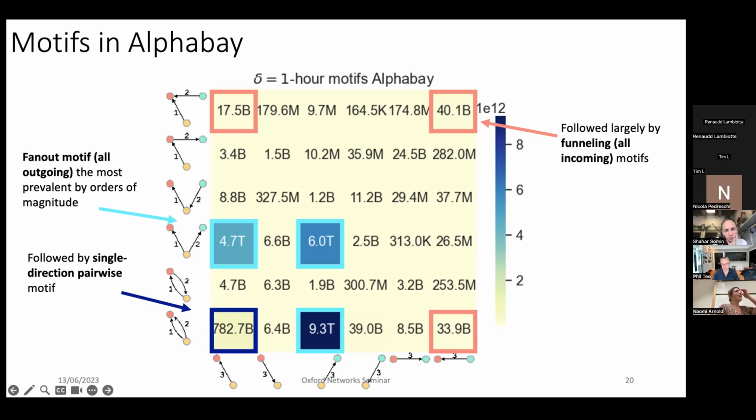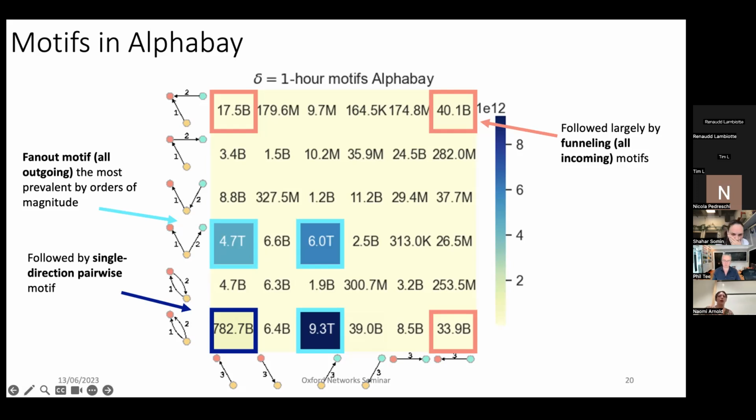So maybe a window of that size is just not big enough to capture some of those triangle interactions. Yeah. The window's rolling, right? So one edge can be part of multiple motifs. Yes, yeah, that's right. So one transaction might be part of many different motifs, and there is a little bit of a combinatorial element to it.